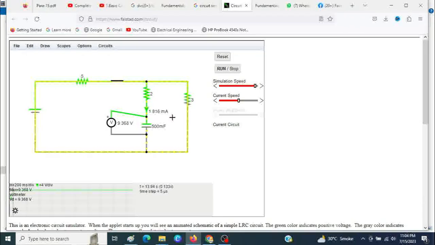We're looking for 9.375 here, and the current should stop. 9.374.